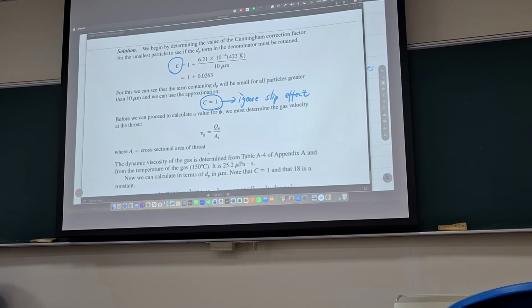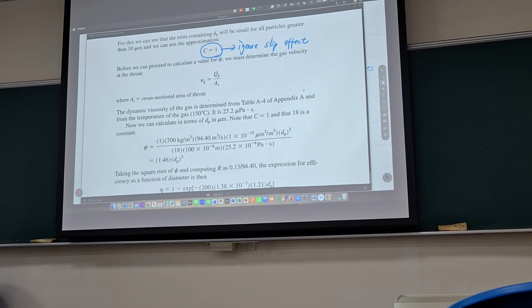Second, you need to calculate VG. What is VG? VG is gas velocity.